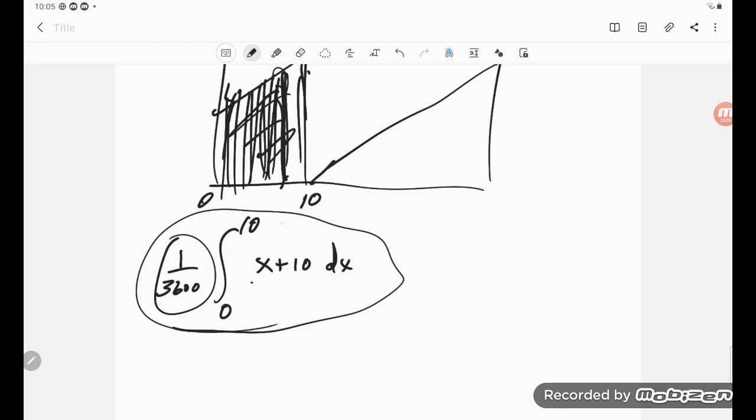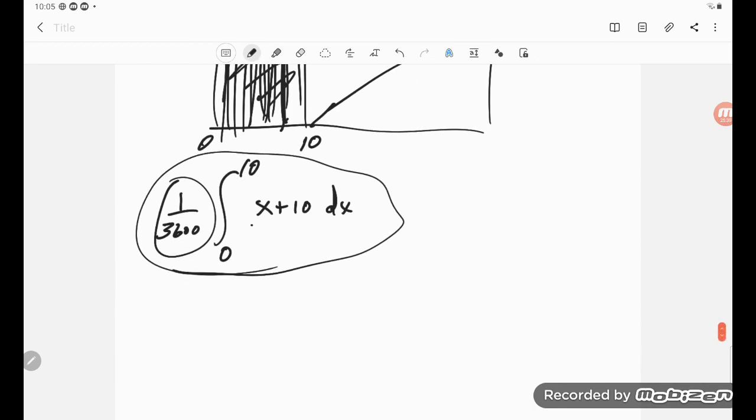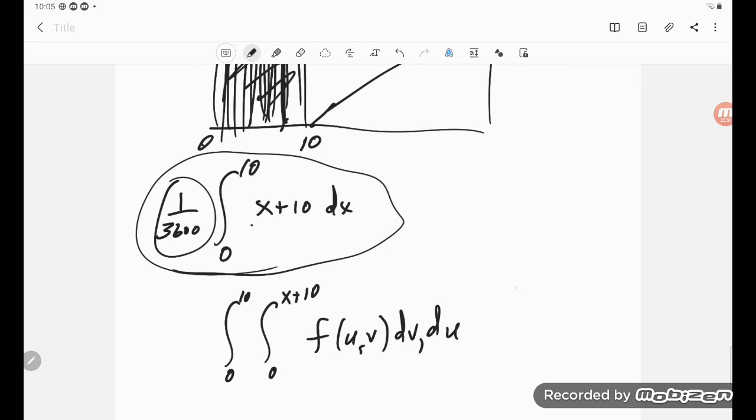But if it's not a constant, I really do need that double integral going from 0 to 10 and then 0 to x plus 10 of my f of u and v dv du. Okay, and again, in this case, because that's a 10 and that's a 0, I could have just used an x and an x.